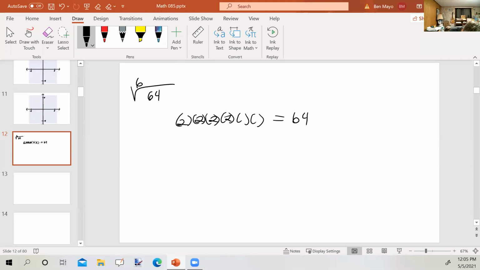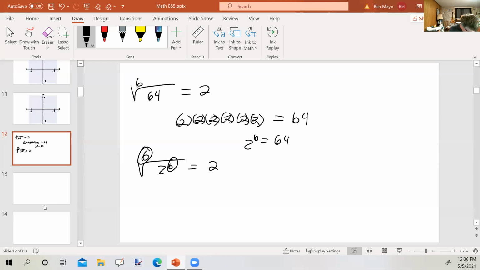So 2 to the 6th power is 64. So the 6th root of 64 is 2, just like the 6th root of 2 to the 6th would be 2. It's almost as if the index and the exponent get rid of each other. In fact, they do, but we'll talk more about that tomorrow. I know everything's always tomorrow, tomorrow, tomorrow.